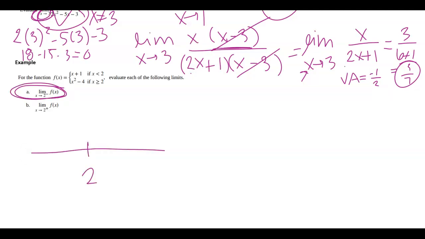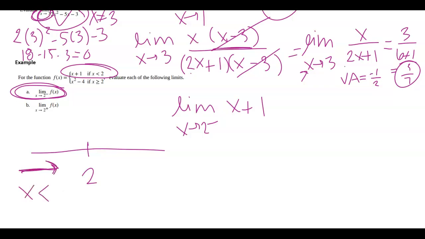So think about numbers to the left of 2. Well, that means I must be looking at this first function. And because that's the function that's defined from the left of 2, I'm just going to plug in direct substitution. 2 plus 1 gives me 3.